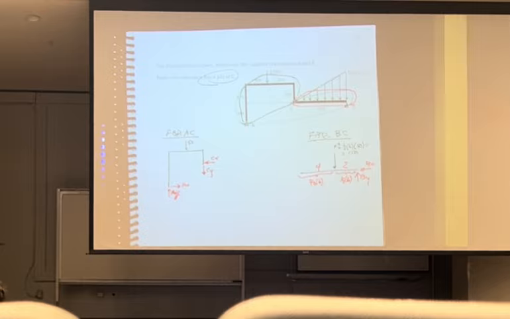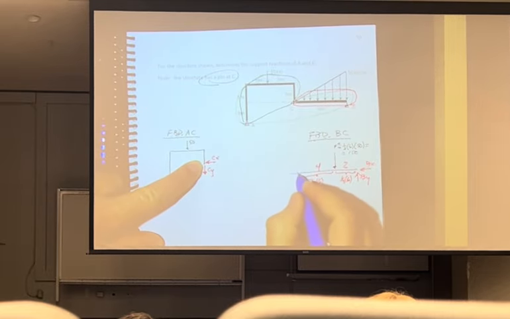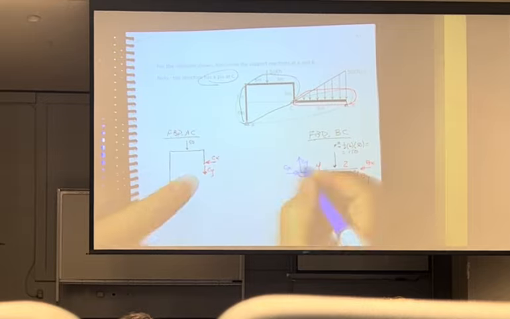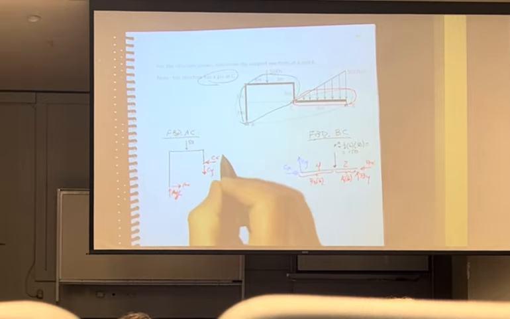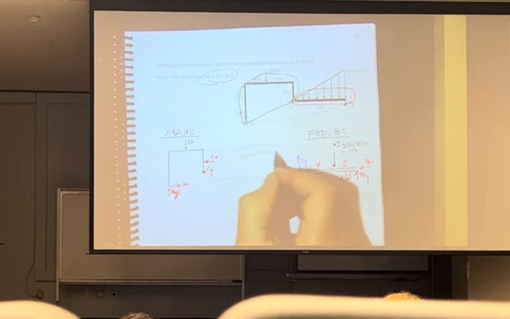Now, what is not arbitrary? Reaction at C is no longer arbitrary because now I have to have CX this way, CY that way, by Newton's third law. I can't avoid that.